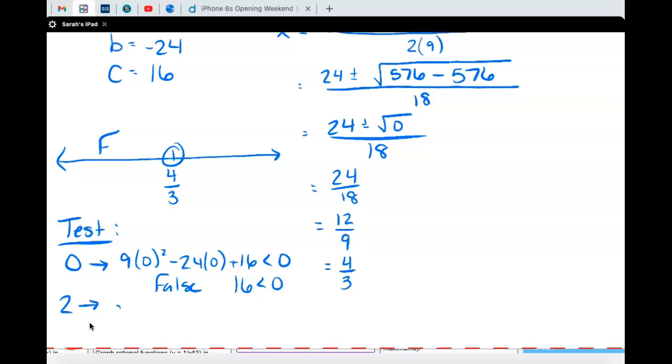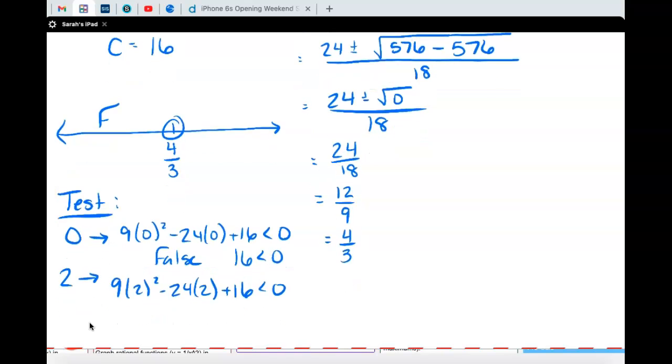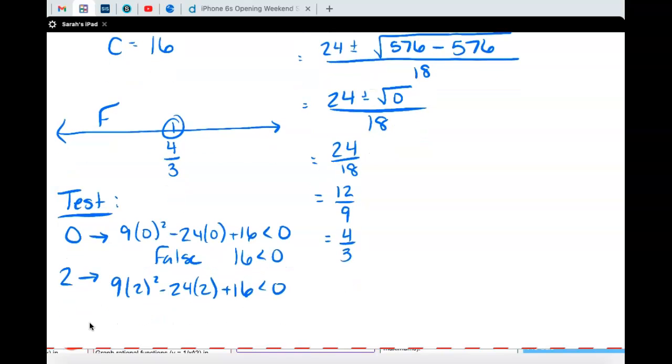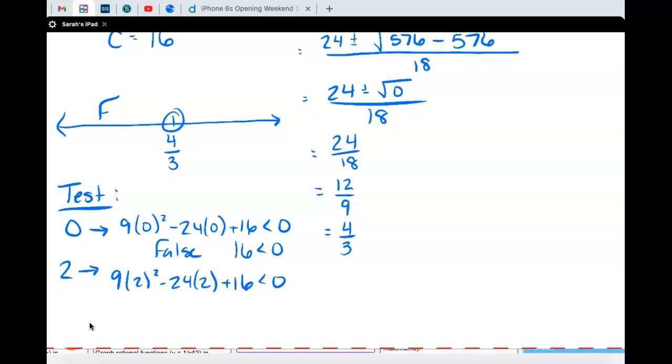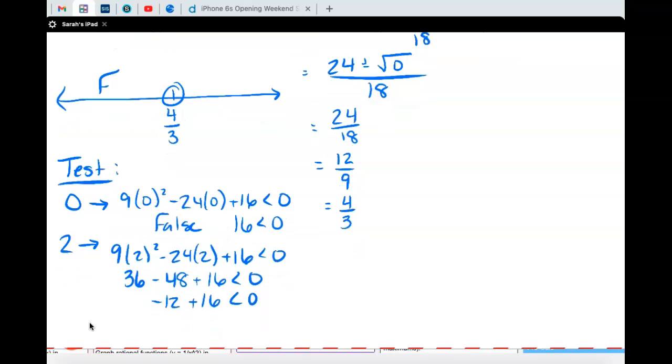Then plug in 2: 9 times 2 squared, minus 24 times 2, plus 16 less than 0. 36 minus 48 is -12, plus 16 is 4. False. It's also false. Do not shade.